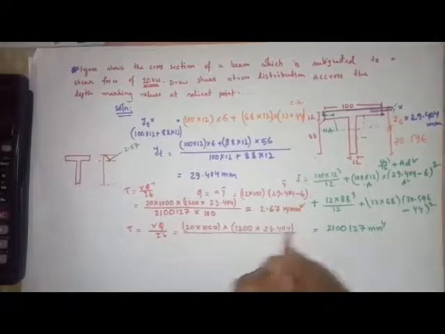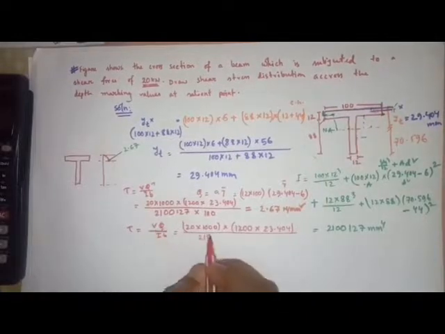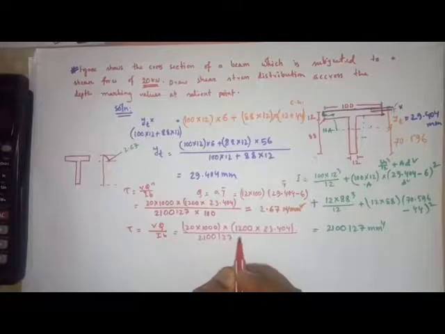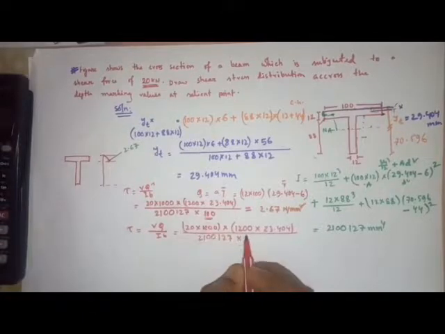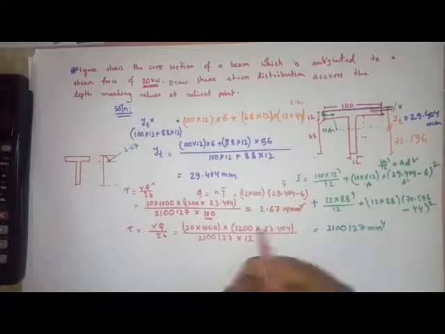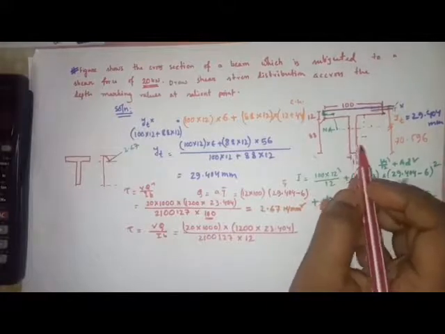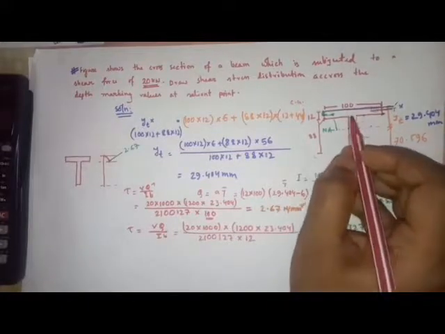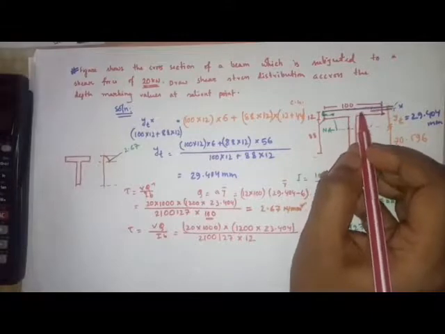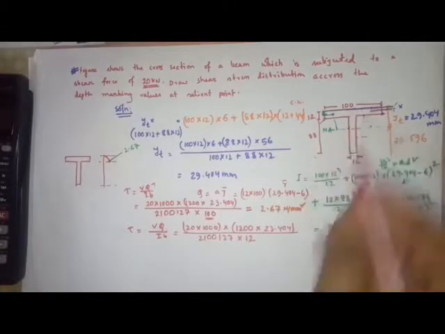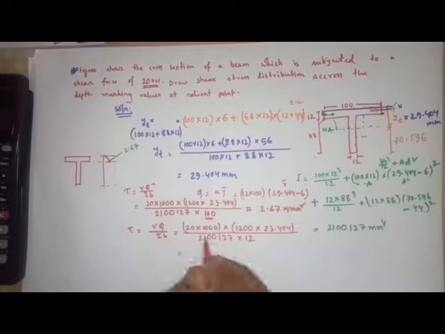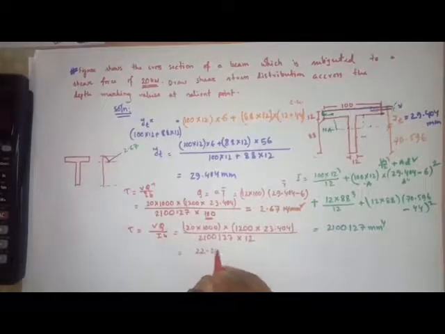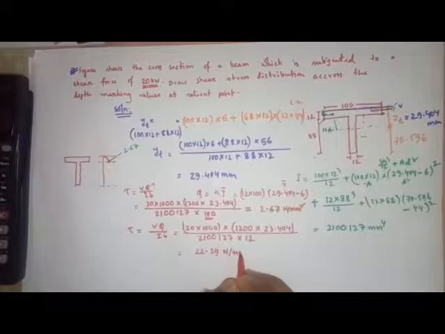Same calculation, just here this is the moment of inertia, and this 100 will be changed to 12 mm. This is the web thickness, and this is just below the flange. So after calculating this we will get 22.29 Newton per millimeter square.